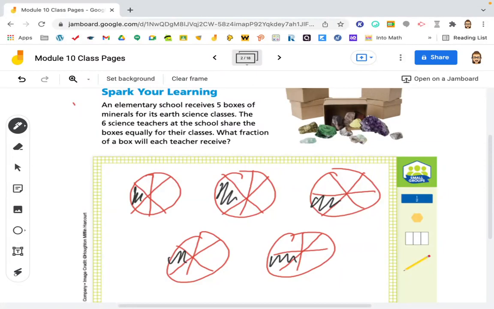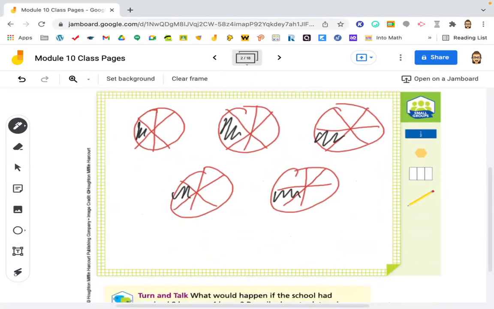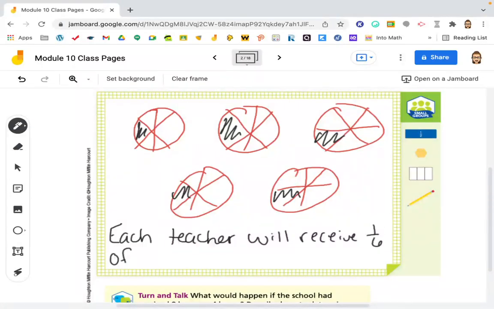So each teacher will receive 1/6 of a box, or of each box.